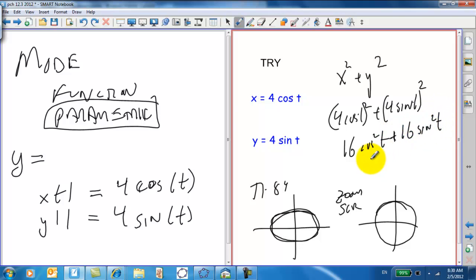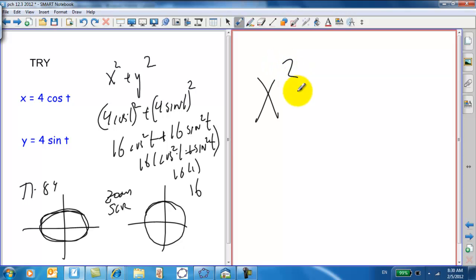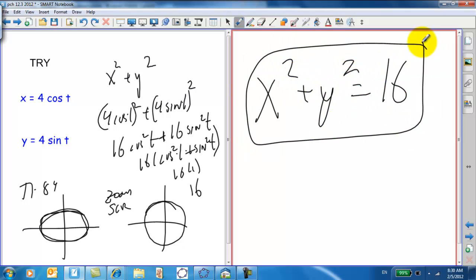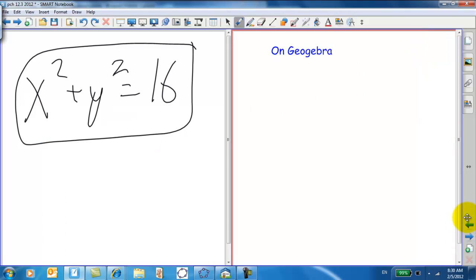And you get 16 times cosine squared t plus sine squared t. And that's 16 times 1. So voila, there's your equation, x squared plus y squared equals 16. Okay? Now you can tweak this and see what happens on GeoGebra. Let's give that a try.